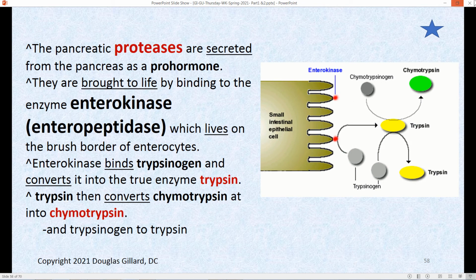Just a fun fact here, the pancreatic proteases, remember how this works. The proteases are brought to life by binding to an enzyme called enterokinase or enteropeptidase, which lives on the brush border of the enterocytes. Remember, the enterocytes have this little brush border where a lot of different enzymes live.